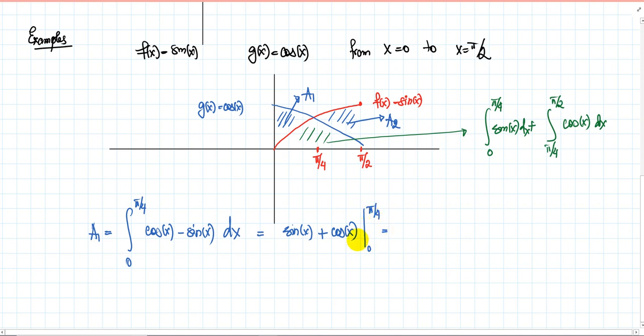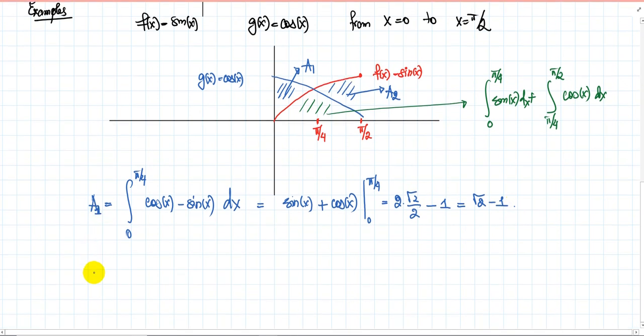If you put in pi over 4, you get 2 multiplied by the square root of 2 over 2, because sine and cosine of pi over 4 are both equal to the square root of 2 over 2. Minus, at 0, sine of 0 is 0 and cosine of 0 is 1, so minus 1. So this was the square root of 2 minus 1. This is the area A1.